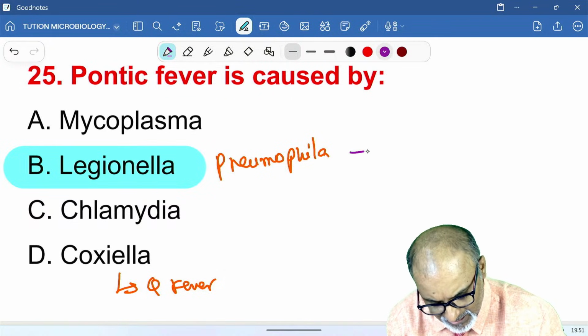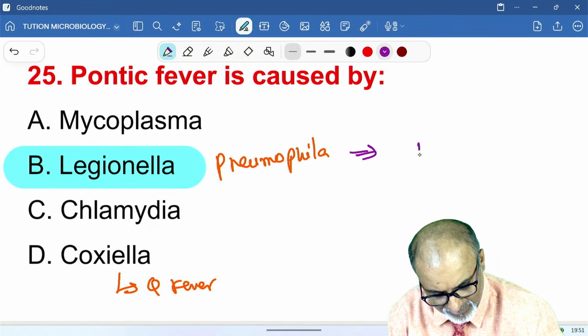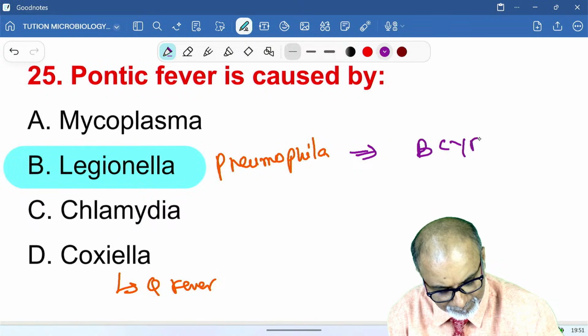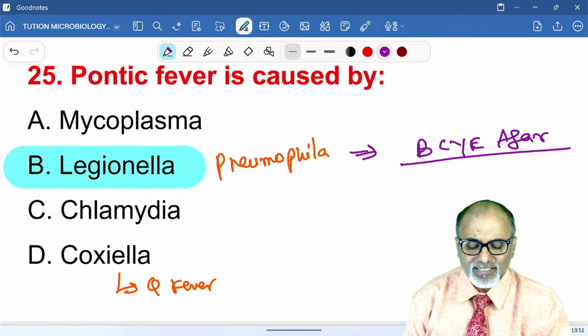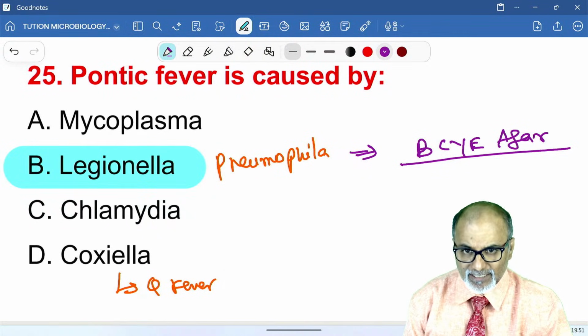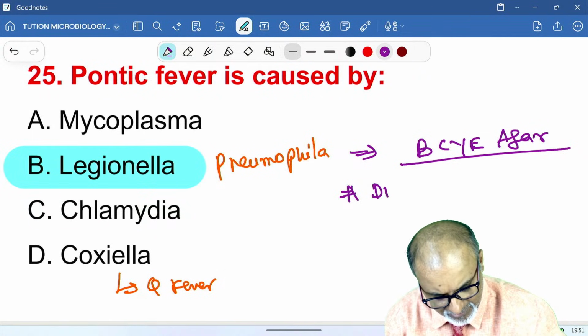Selective medium is, can anyone tell what is the selective medium? BCYE agar, buffered charcoal yeast extract agar. It won't take gram stain. These are the key points. Legionella takes a stain called Dieterle stain.